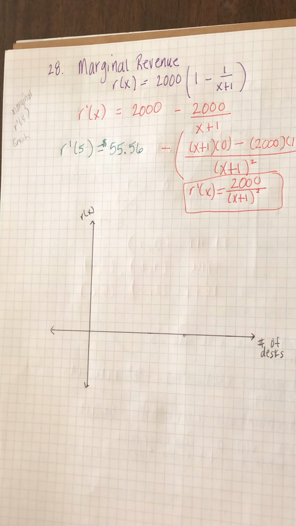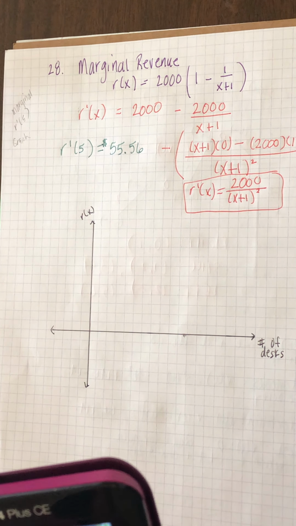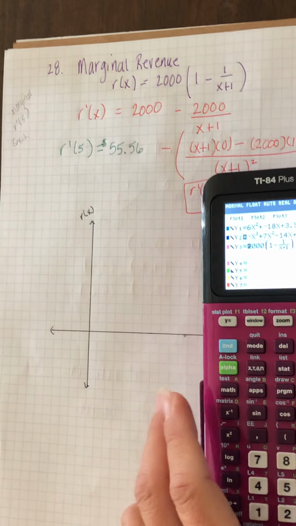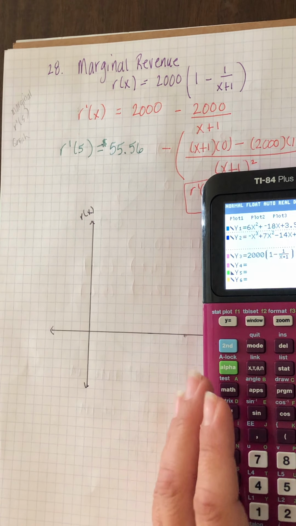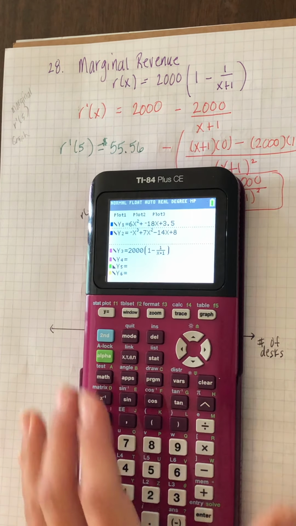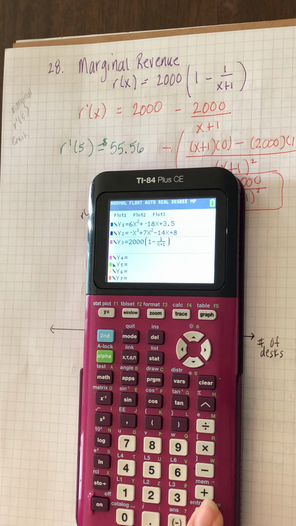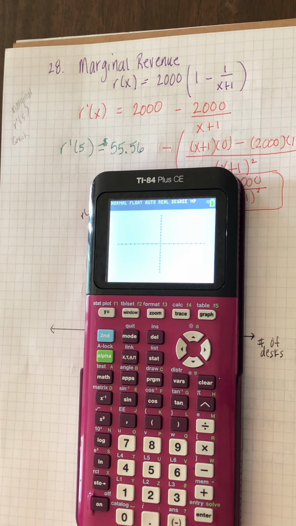Okay, so now I'm going to do the graphing part last. So I'm going to turn off the second equations, and now I'm going to turn on this equation. Like I said before, I always just do a zoom 6 to kind of take me back to where I'm at.